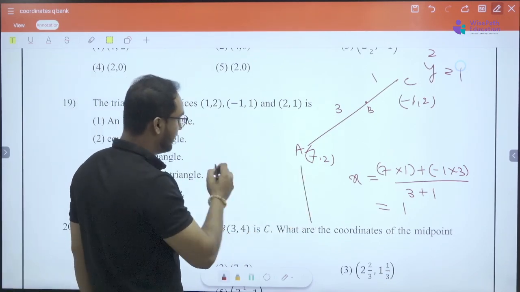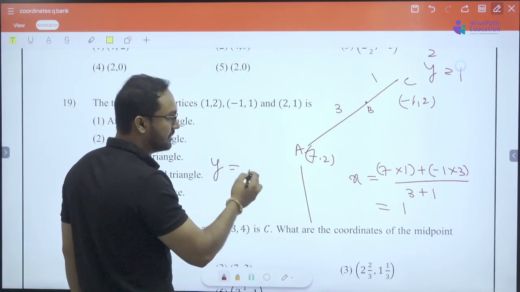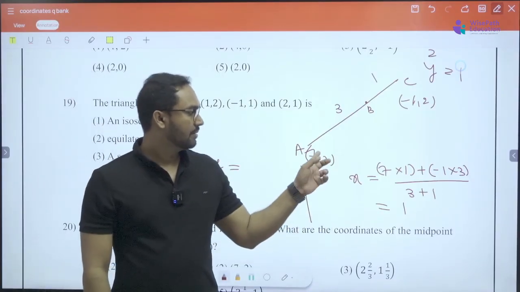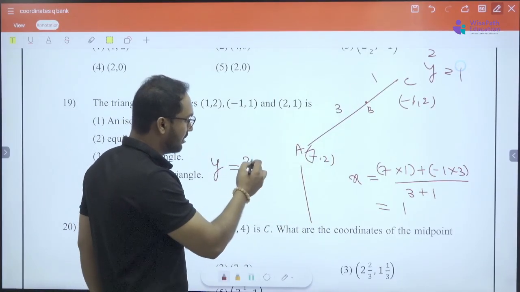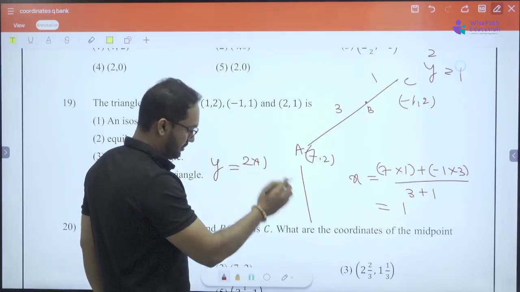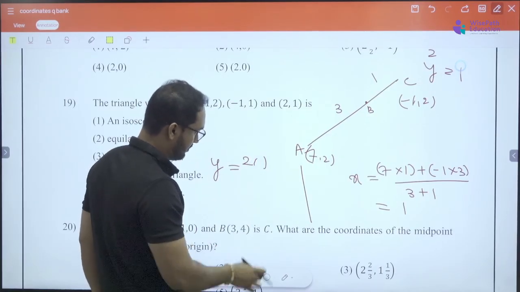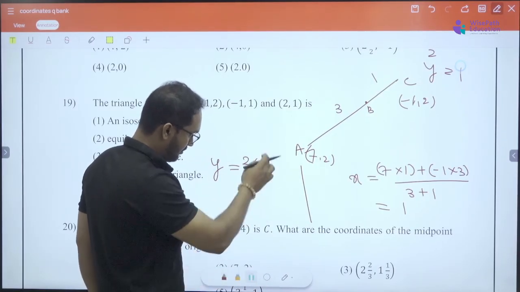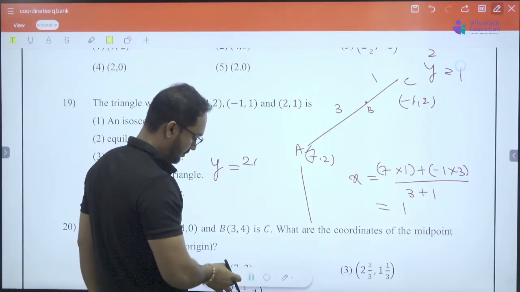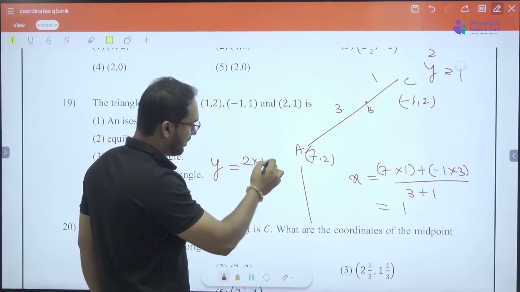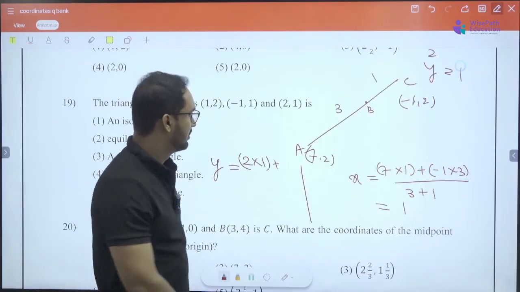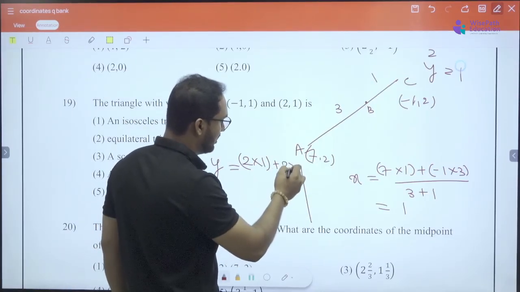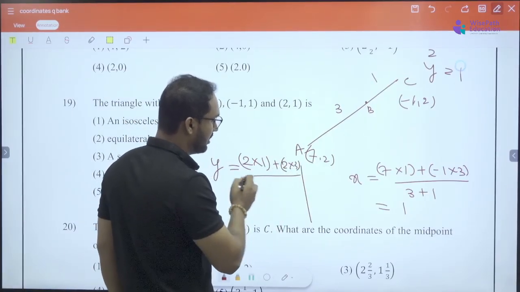And how do you take the y coordinate? Y equals 2 multiplied by 1 plus 2 multiplied by 3, divided by 4.